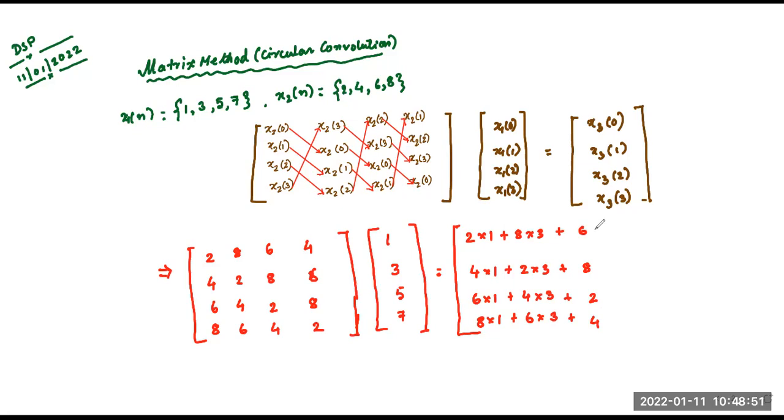Now 6 will be multiplied by 5. This will be multiplied by 5. This will be multiplied by 5. This will be multiplied by 5. Again plus, plus, plus, plus.